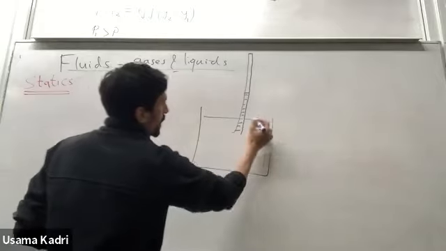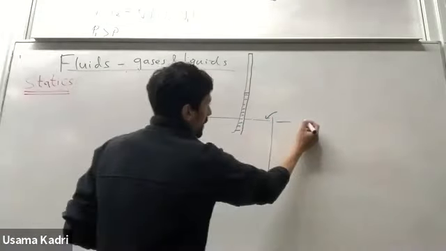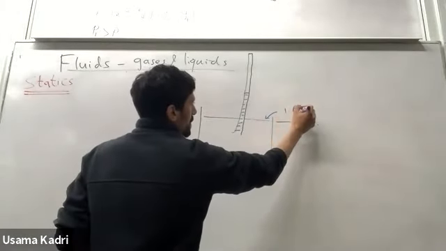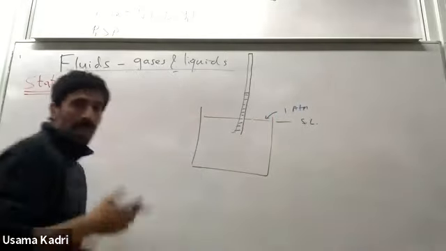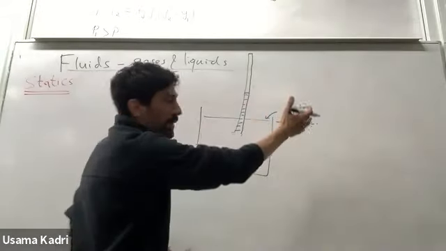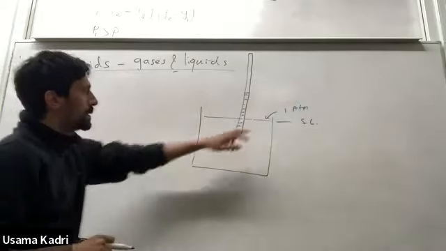What is the pressure at this point here? This is at sea level. It's 1 atmosphere, right? This is what we want to measure, that 1 atmosphere really. So we don't know it's 1 atmosphere, but it's that pressure at the sea level which we want to measure.